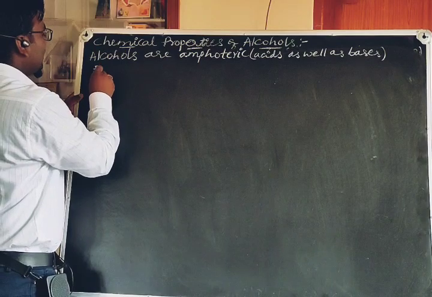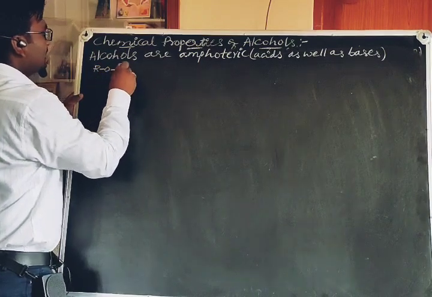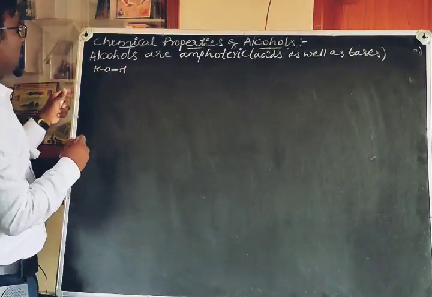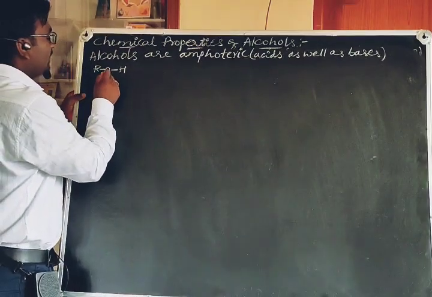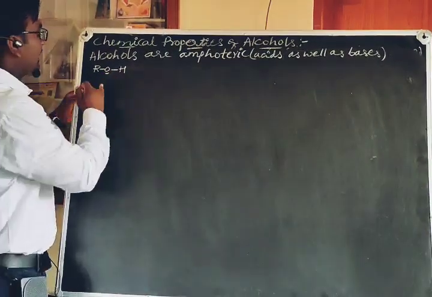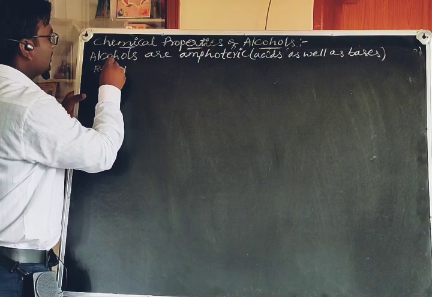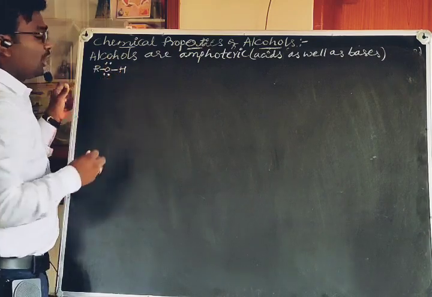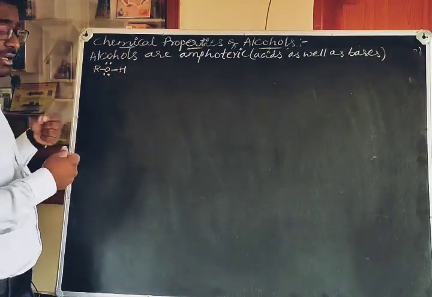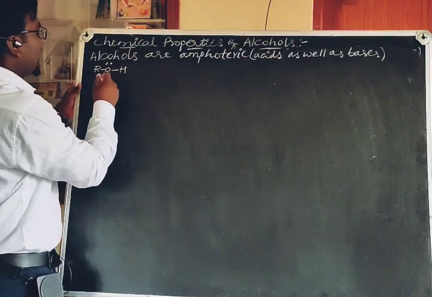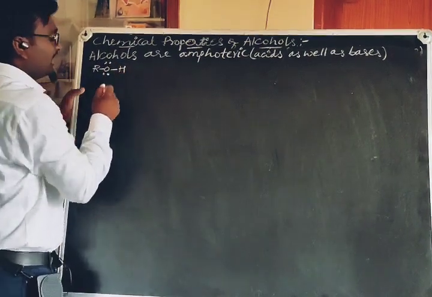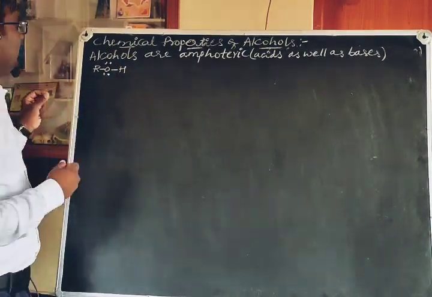Let's take the alcohol. This is the general representation of the alcohol, where the oxygen atom is carrying lone pairs of electrons. Oxygen is the more electronegative element and hydrogen is the less electronegative element.